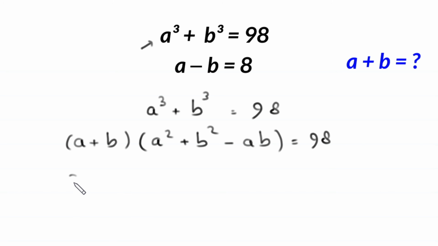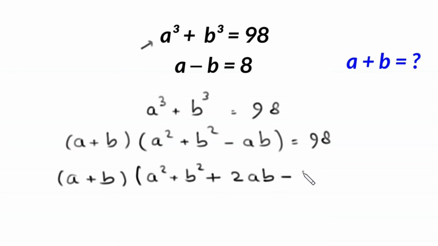Next, a plus b times a squared plus b squared. To complete the square, we add here 2ab and we also subtract 2ab. This negative ab equal to 98.